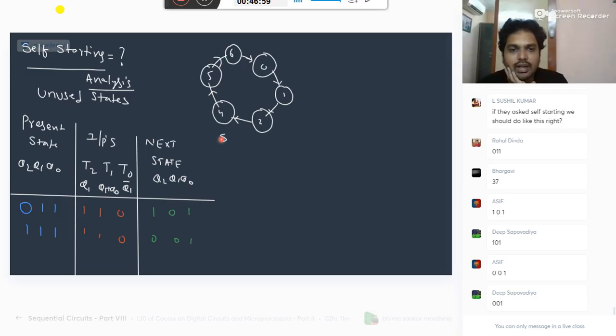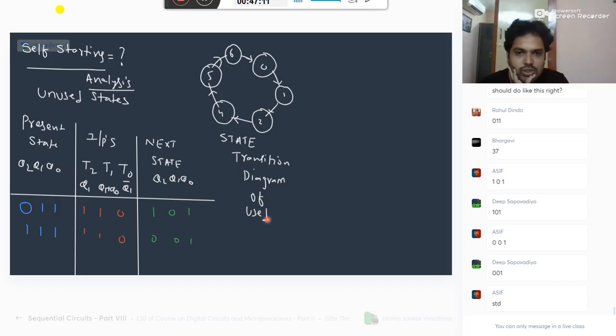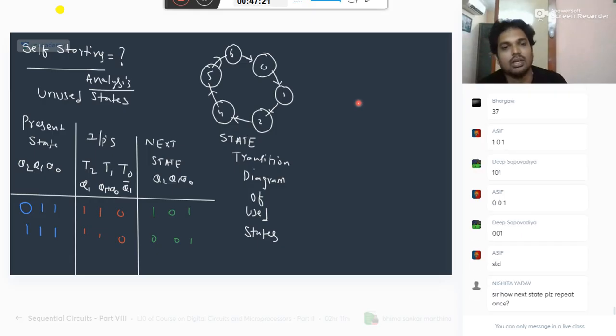Okay, these are called the state transition diagram of used states. Now if an unused state occurs, what is the unused state? 3.